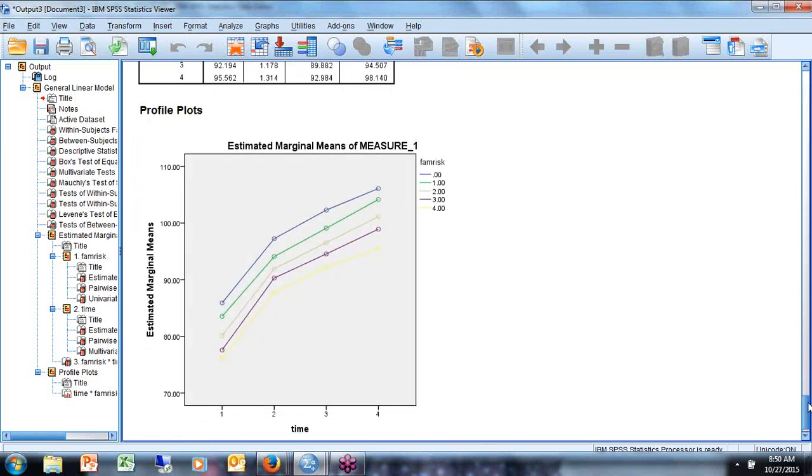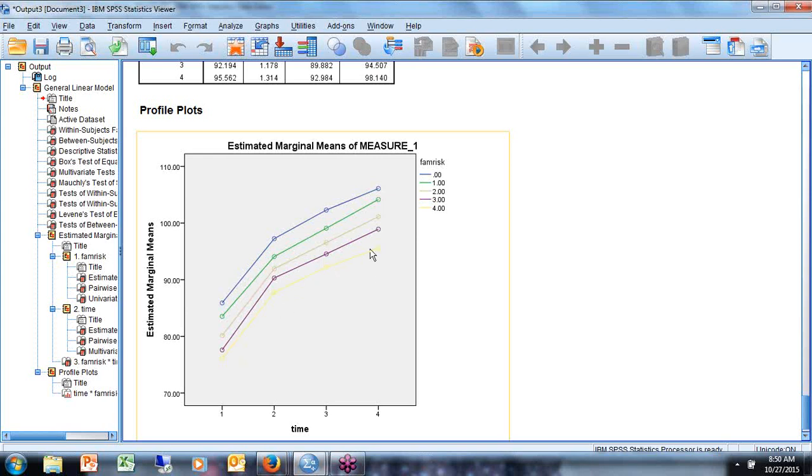So we're going to look at the profile plot, and again, the interaction test for a repeated measures design, when we're looking at an interaction between time and one or more independent variables, is a question of whether or not the lines, the slopes, are parallel across time.